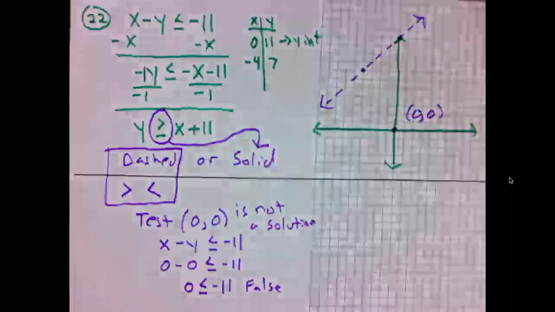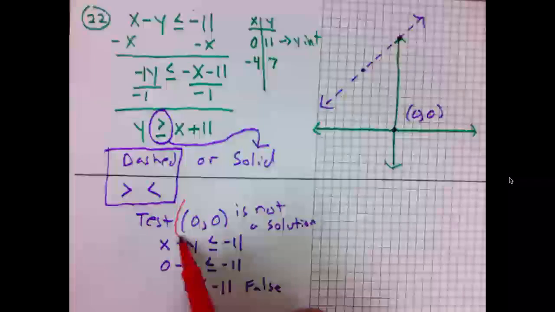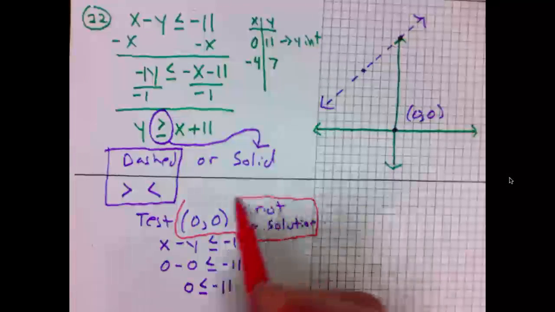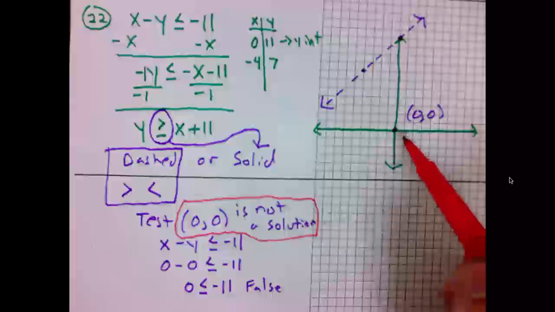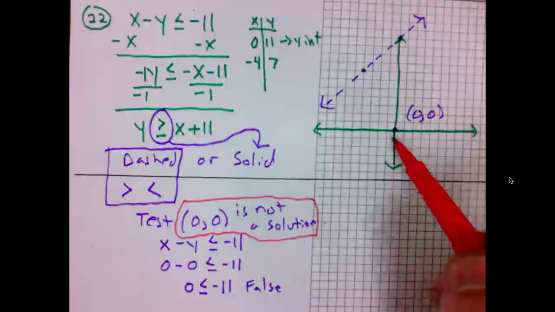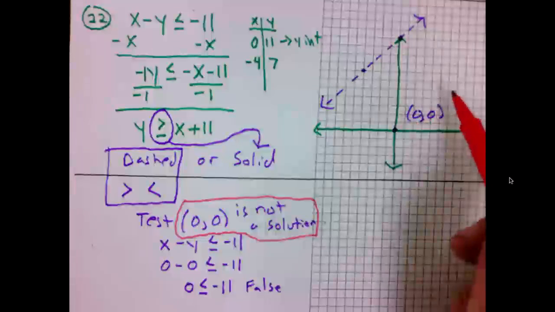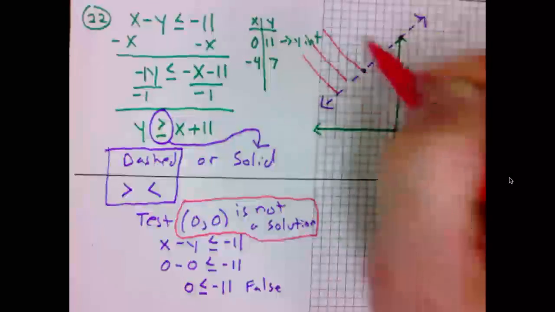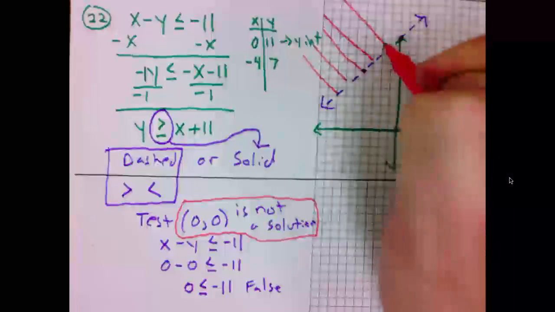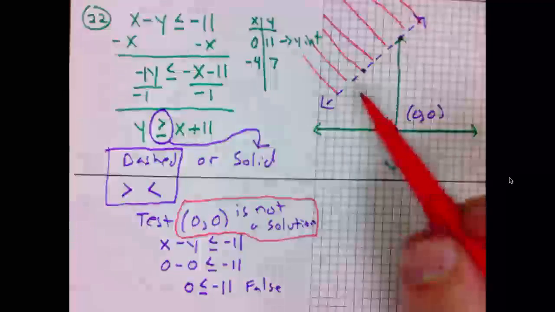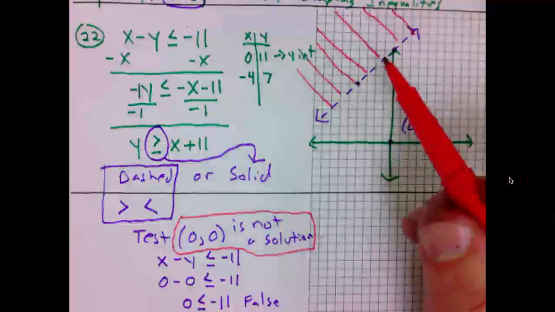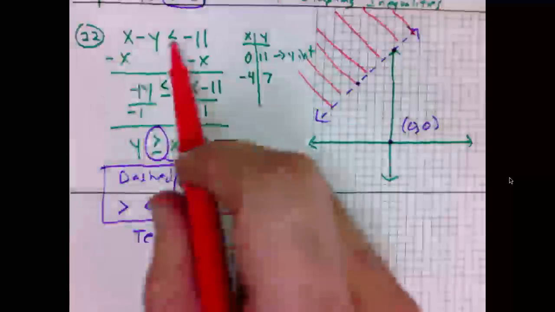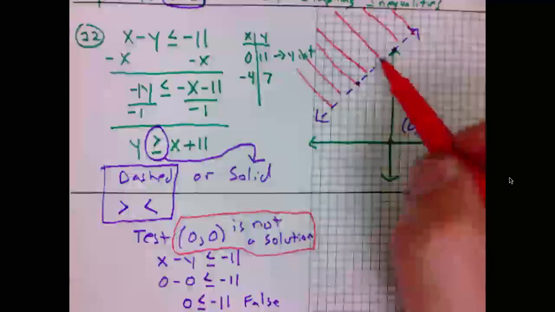Okay. Since 0, 0 is not a solution, we should not shade 0, 0. That is, it will not be in what we call the half plane that is the solution set. We should shade in the opposite direction. What this shading is indicating is that all points in this shaded region are indeed solutions to this inequality.